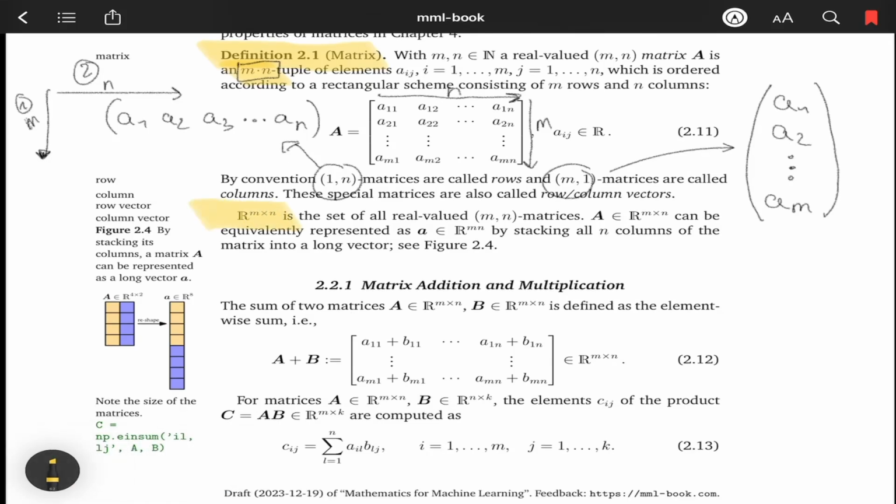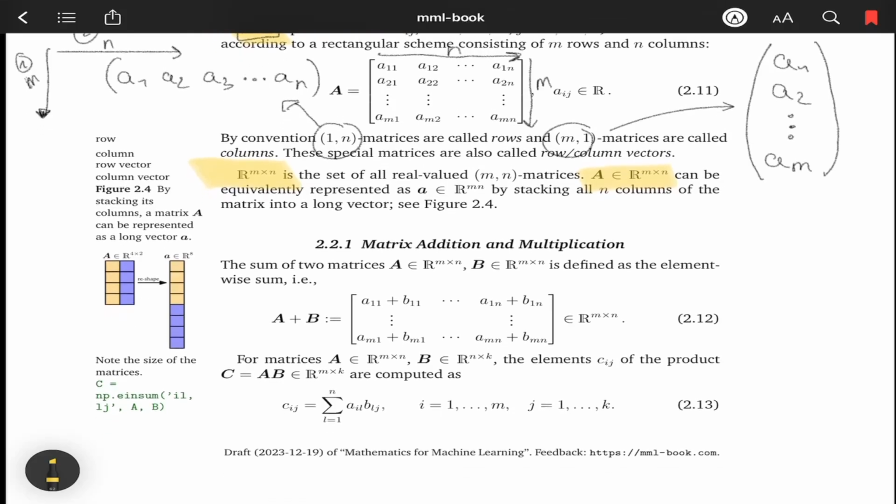R^(m×n) is the set of all real-valued m by n matrices. A, an element of that set, can be equivalently represented as a, small a, an element of R^(mn), by stacking all n columns of the matrix into a long vector.